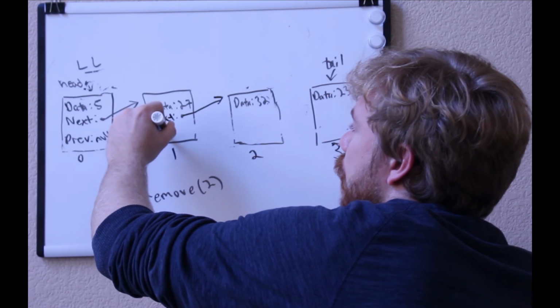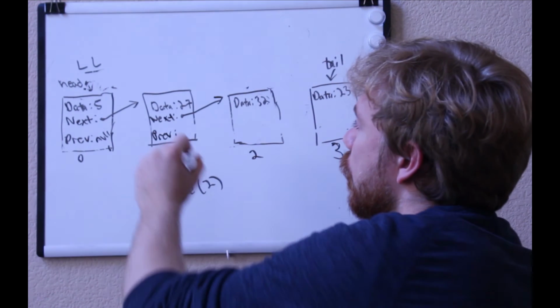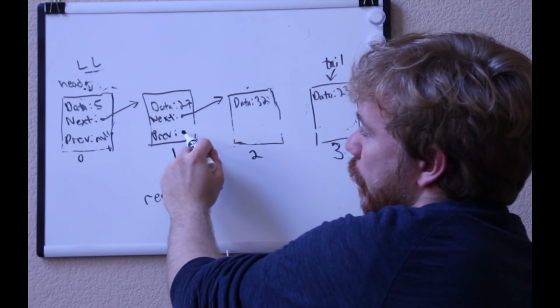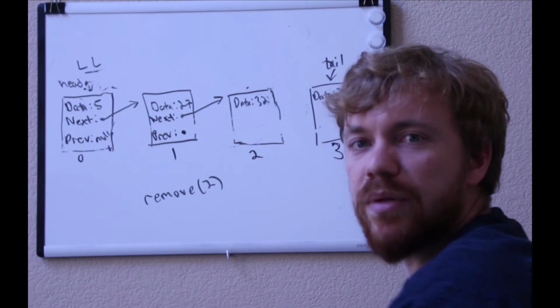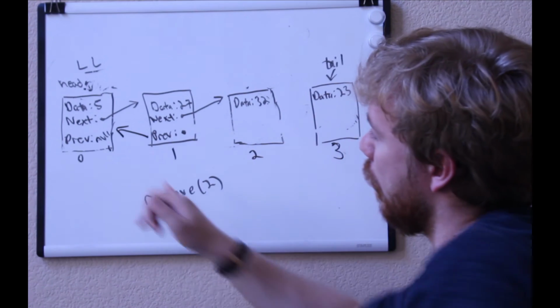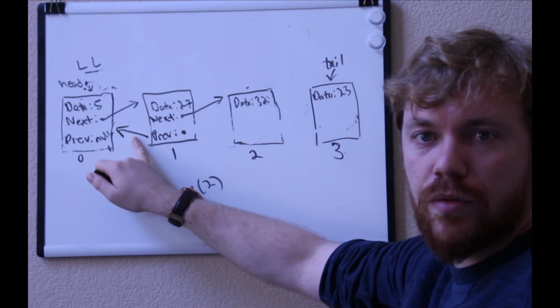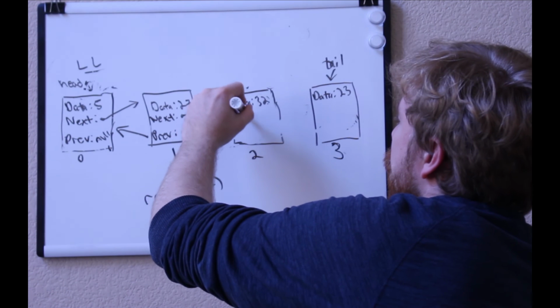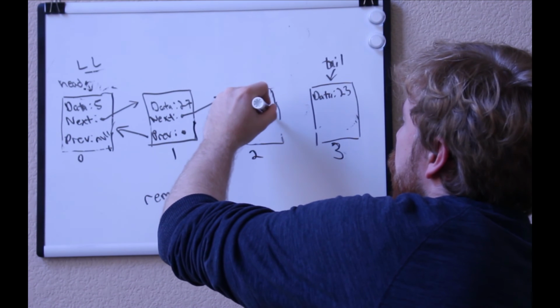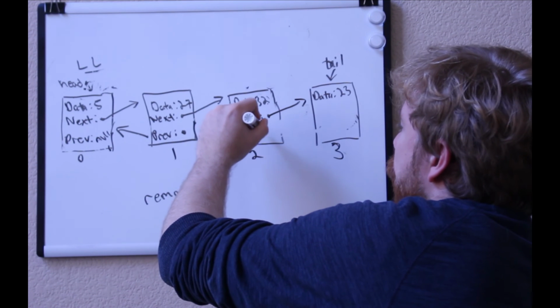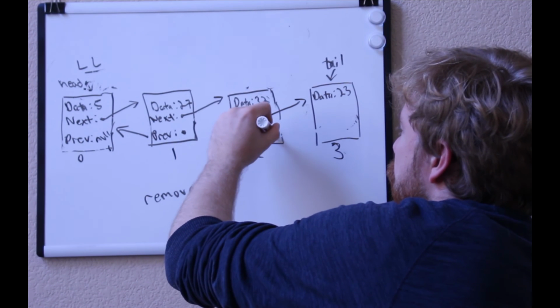And this node's prev, or previous node, and I'm just going to start from the second one for simplicity's sake, references the previous node. And this pattern follows for all the nodes remaining in the linked list.